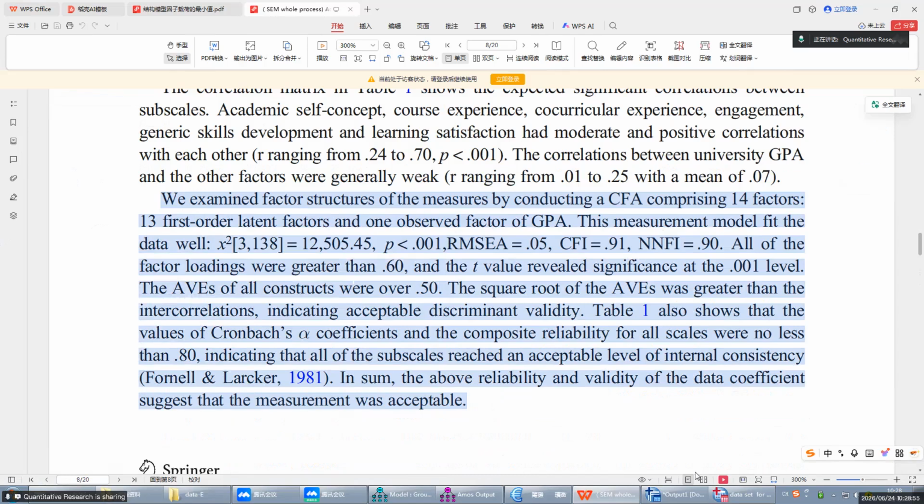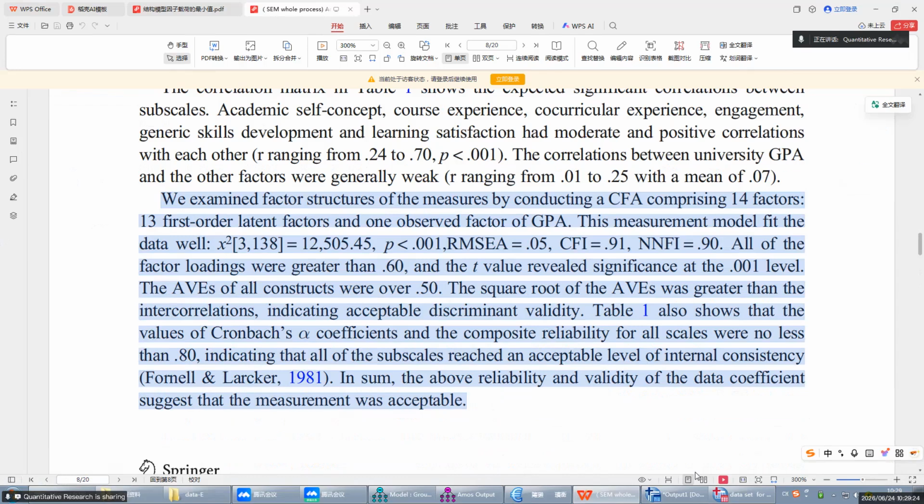You can see factor structures of the measures by conducting a CFA comprising 14 factors. This measurement model has 14 factors, right? Okay, so this measurement model fits the data well.